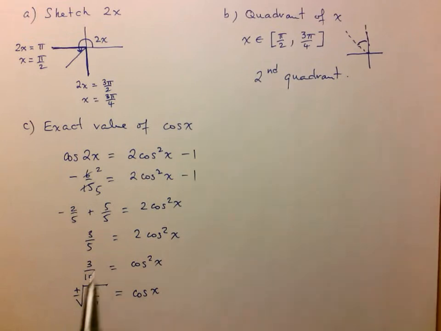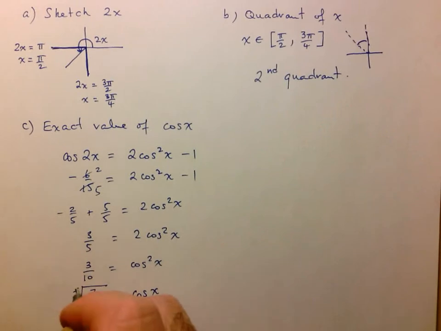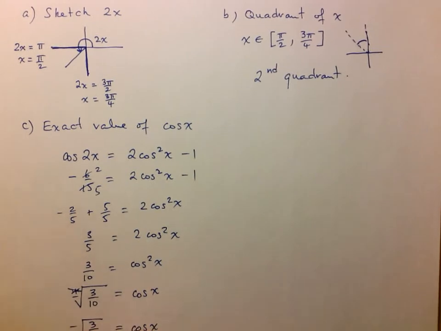Because this is what's going to now help determine the sign that I'm going to choose. Because x we determined was in the second quadrant, and cosine is negative in the second quadrant, I have to choose the negative square root. So here I can say that cos x is equal to the negative square root of 3 over 10.